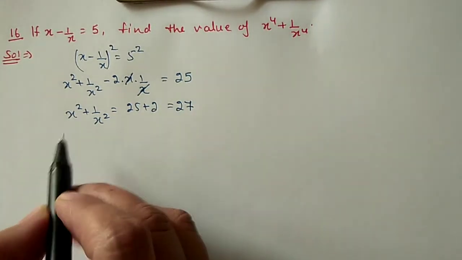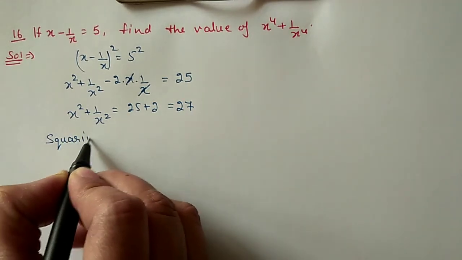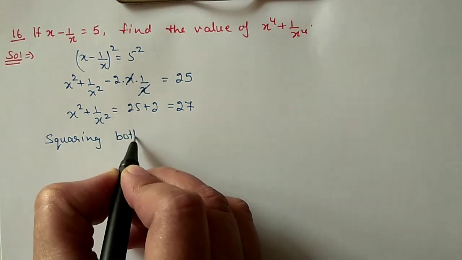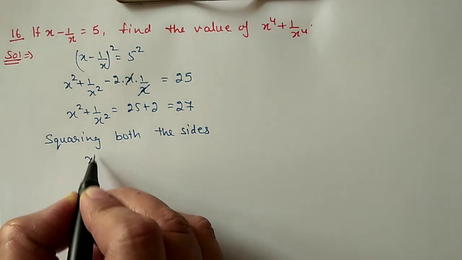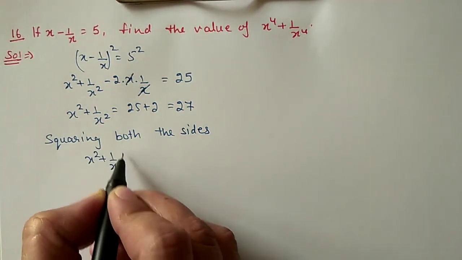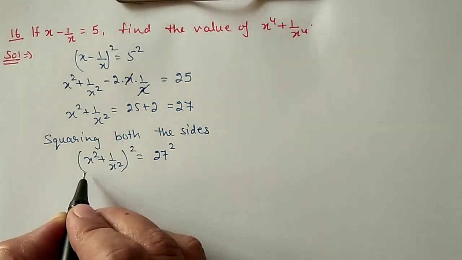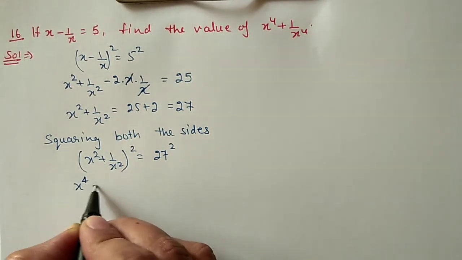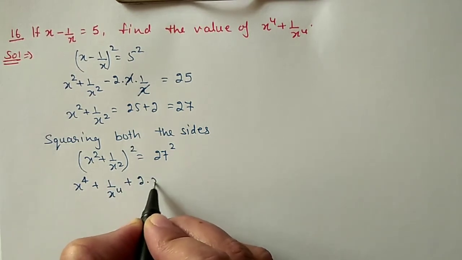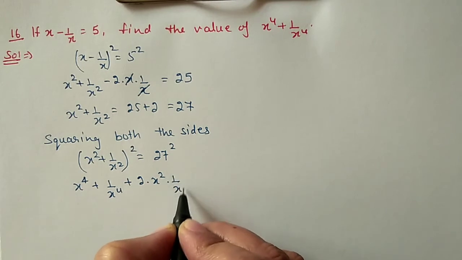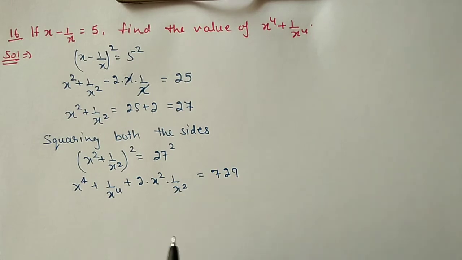Now again we will do the squaring both the sides. This side we will get x to the power 4 plus 1 by x to the power 4 plus 2 into x square into 1 by x square, and 27 square is 729.